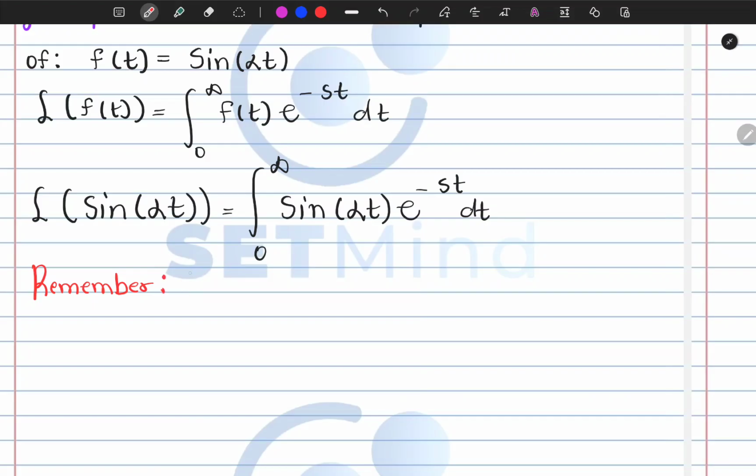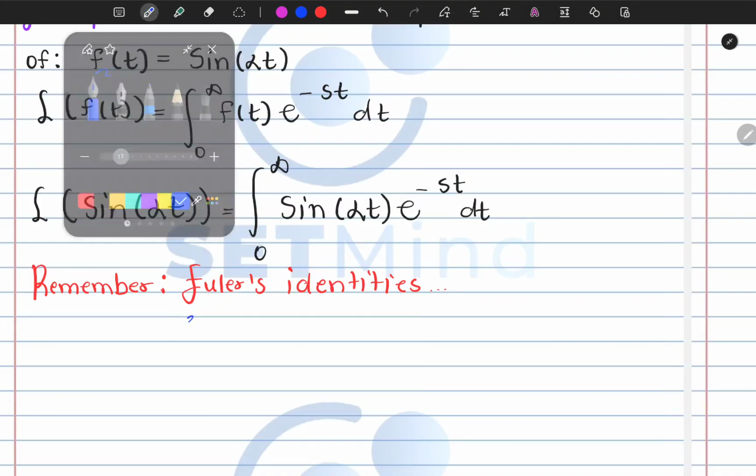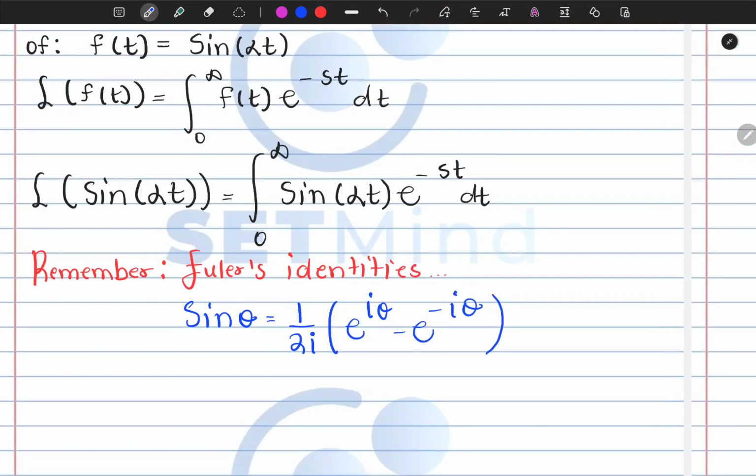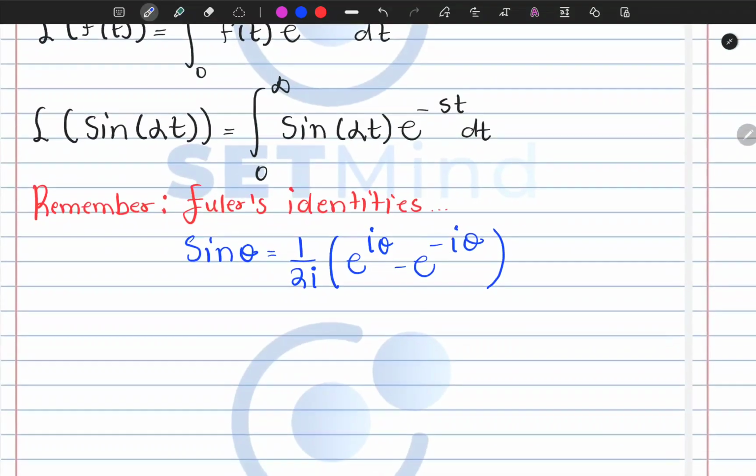What I need you to remember is, from Euler's form, which I will call Euler's identities, because this is where this comes from, that sine theta is equal to 1 over 2i, which is for complex numbers, multiplied by e to the i theta minus e to the negative i theta. This is what I want you to remember.